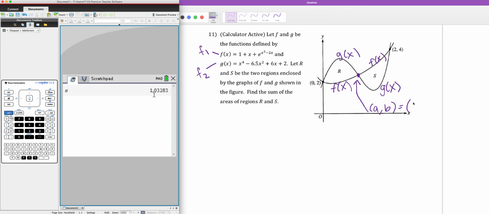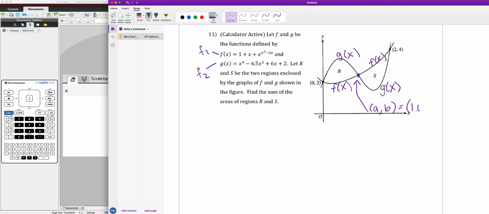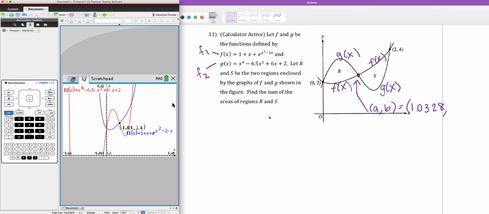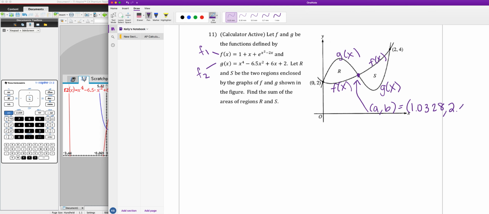So let's write that down over here. It's going to be 1.0328, comma. Now to get the y coordinate, I'll need to go back to the graph. It is just 2.4. I don't need that many digits on this guy because I'm not going to end up using him. I'm just writing him down as reference for right now.